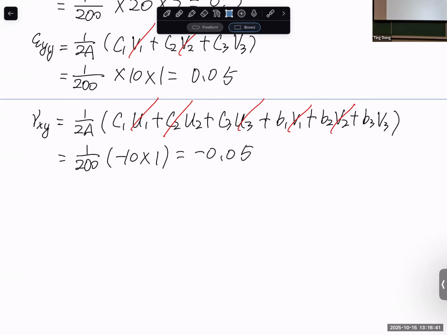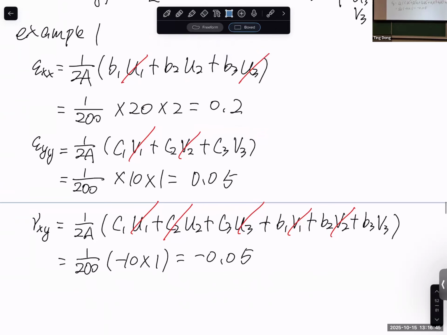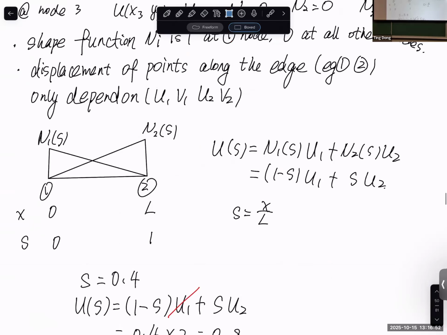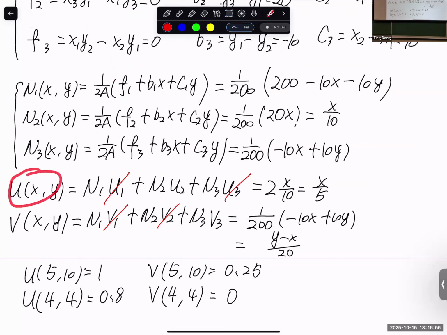Any questions? It's really just using the equation we derived and then plugging in. For this example problem, since in the previous step we already have expressions for U and V, it might be easier to just use the definition of normal strain and shear strain.